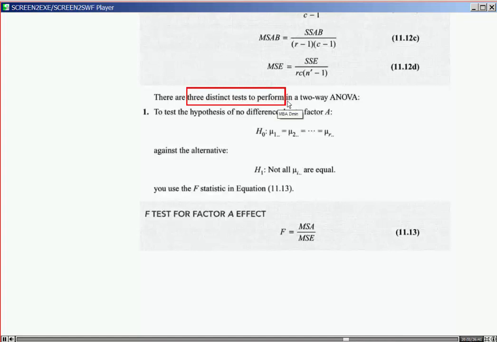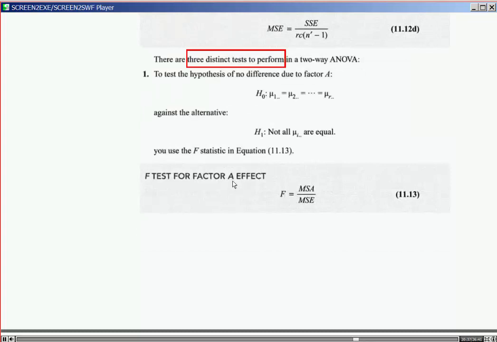Okay, there are three distinct tests to perform in a two-way ANOVA. Here's the first one: to test the hypothesis of no difference due to factor A. The means of whatever we're measuring, such as tensile strength, don't differ due to factor A, against the alternative that not all means are equal.